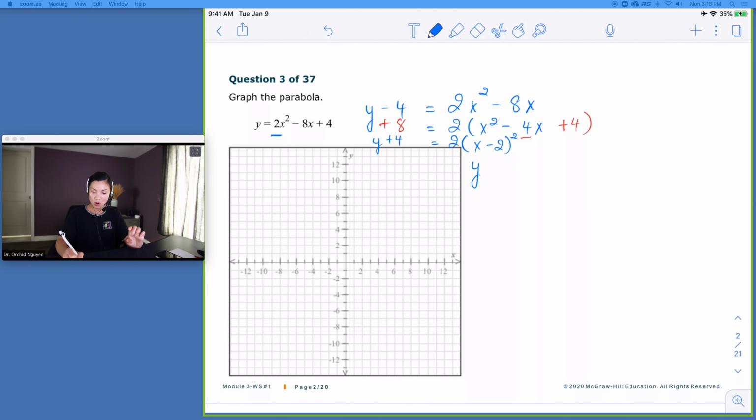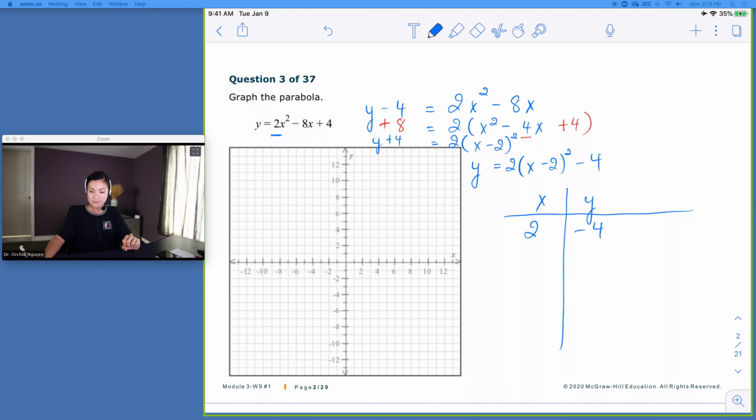So I have y equals 2 times x minus 2 squared minus 8. Now you can see that because I have standard form, I have the vertex. The vertex is 2 and negative 8. So 2, negative 8. Okay.